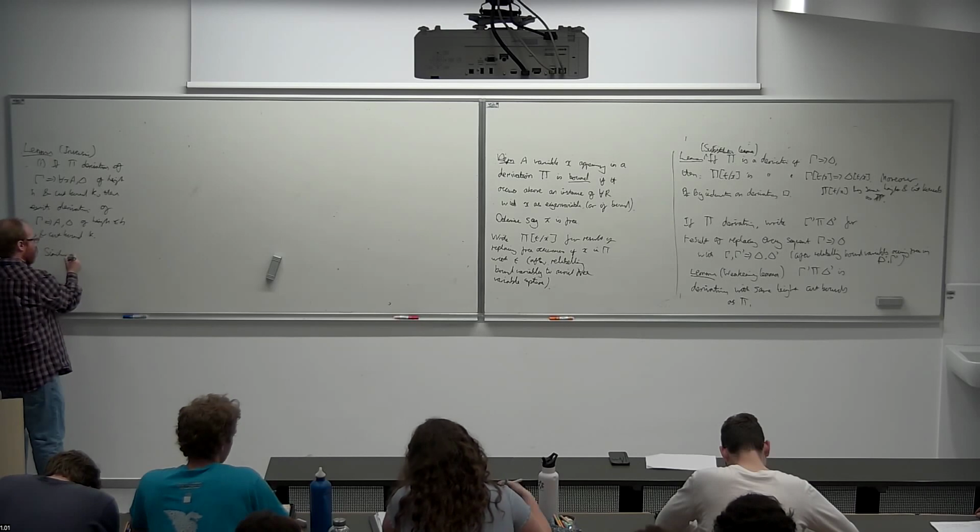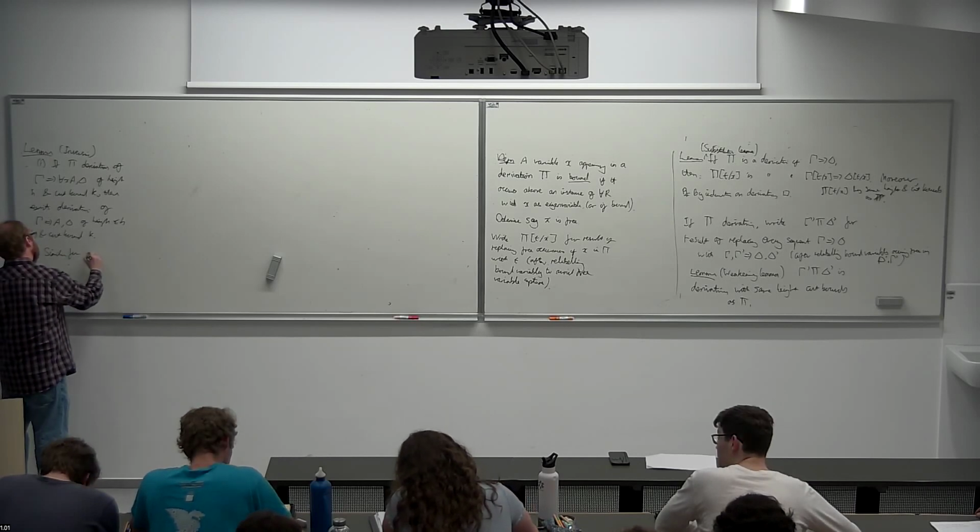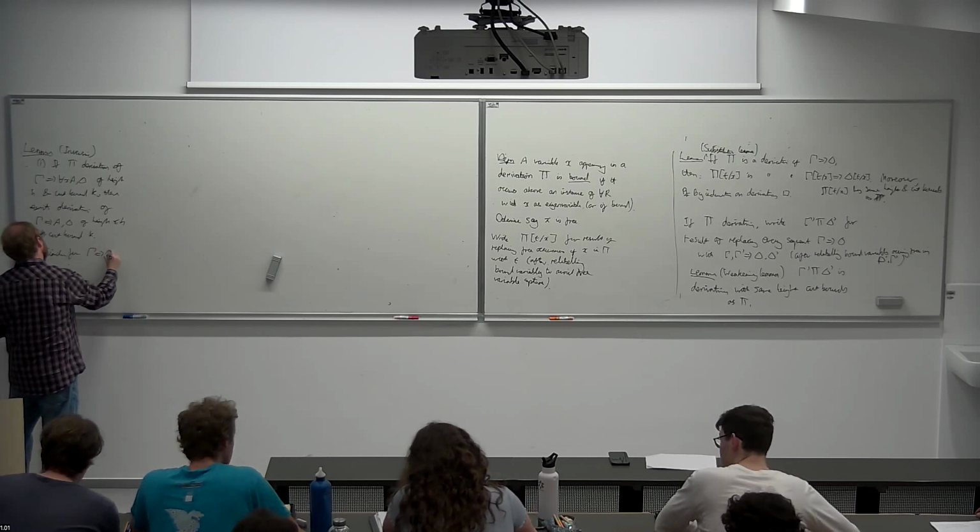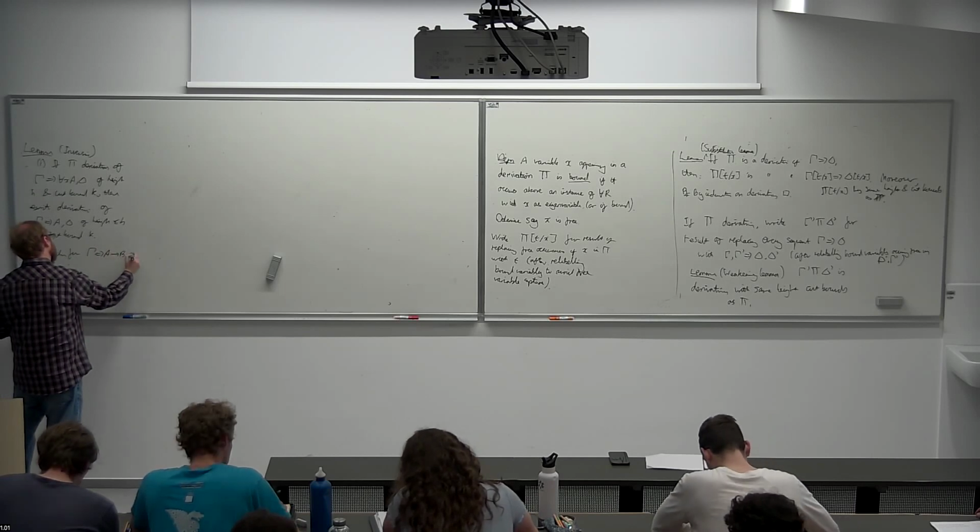Yeah, so I won't write this out, but it's just similar, but for gamma to n implies b.